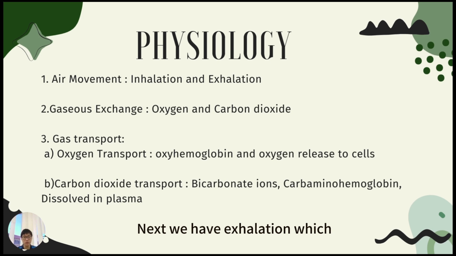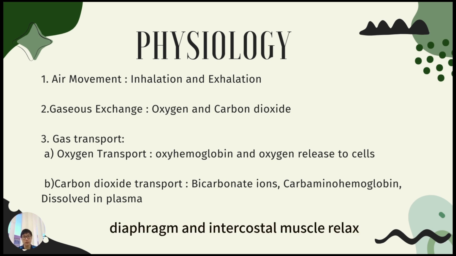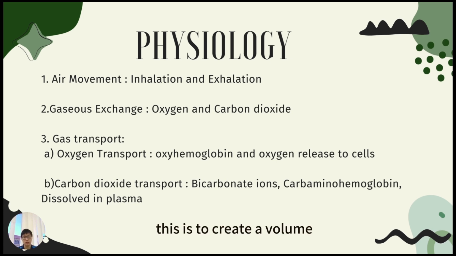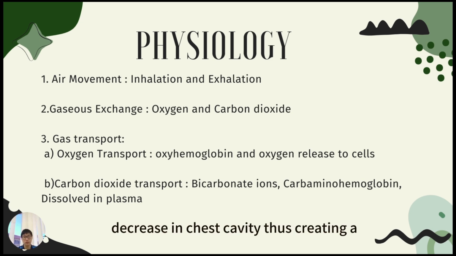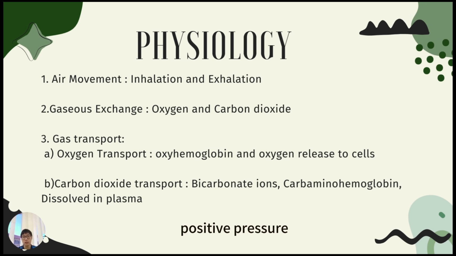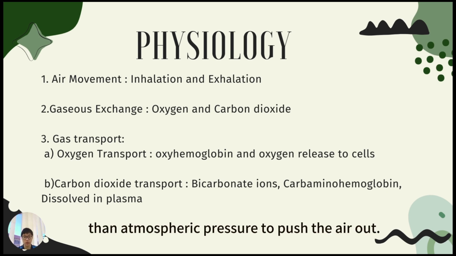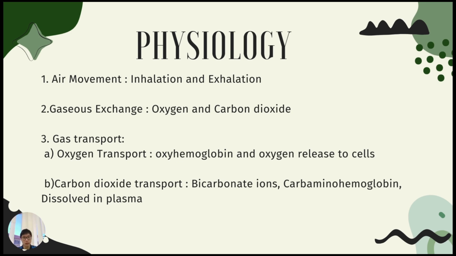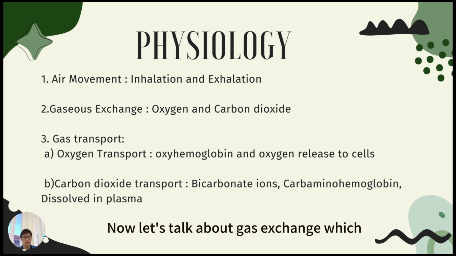Next, we have exhalation, in which diaphragm and intercostal muscles relax. This creates a volume decrease in the chest cavity, thus creating a positive pressure relative to atmospheric pressure to push the air out.